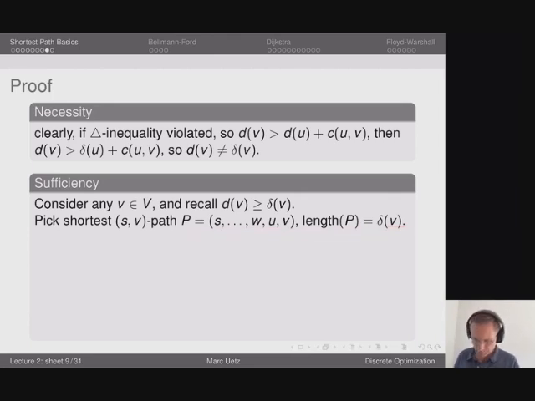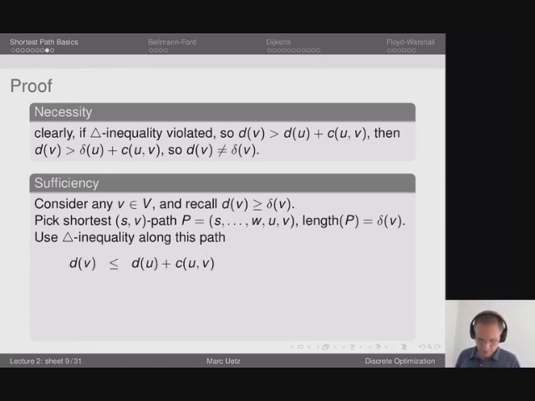Okay, so, all right. And now we just use the triangle inequality backwards along this path, in the following way. We assume, that's our assumption, the distance labels D fulfill the triangle inequality. So we can use the triangle inequality on the edge from U to V, right?